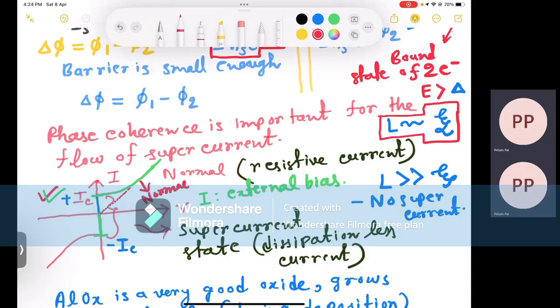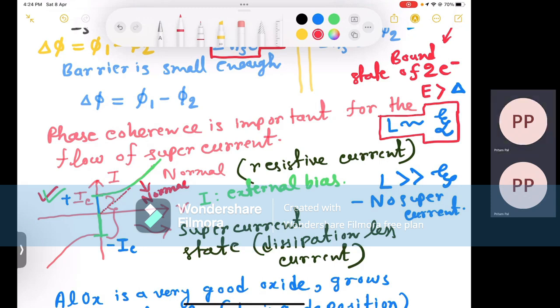V equal to zero indicates the resistance of the Josephson junction is zero. So supercurrent still exists, and we are in a supercurrent state. But the moment we cross this IC, if we further increase the external bias beyond IC, we'll see the voltage start building up in the system.